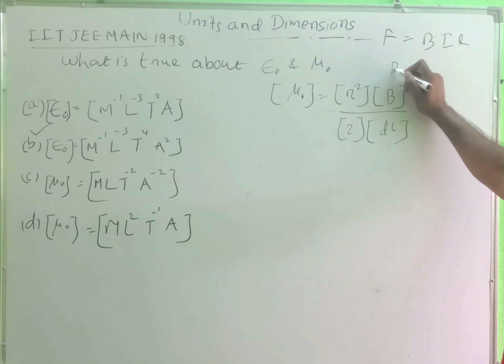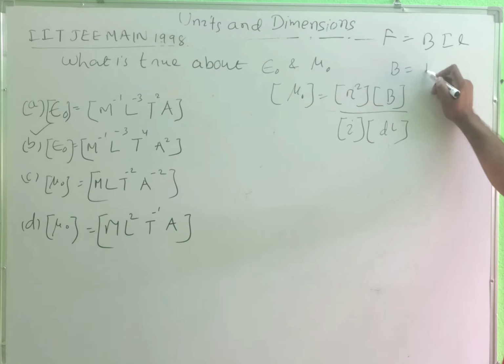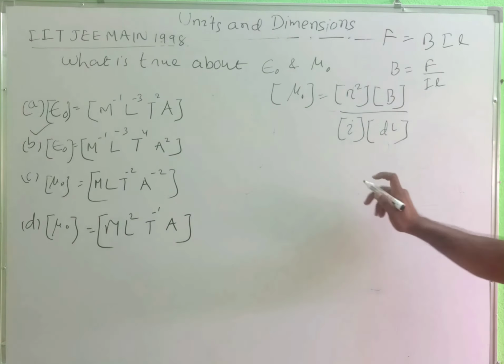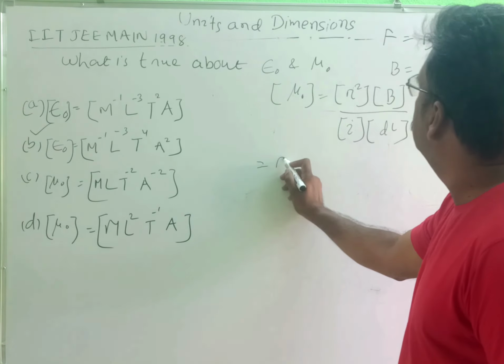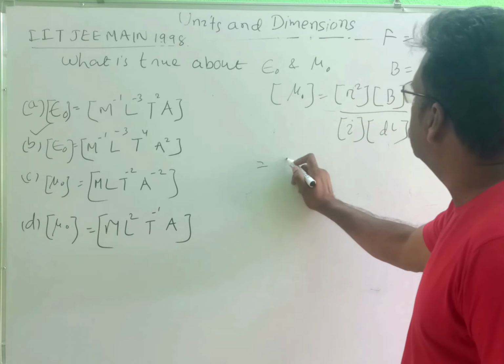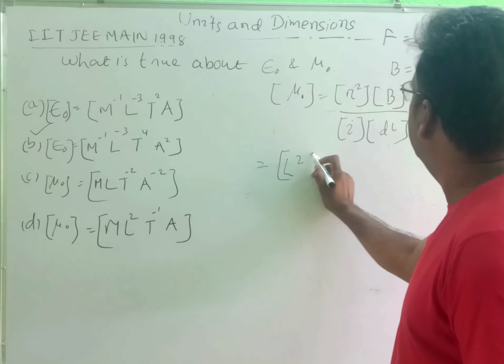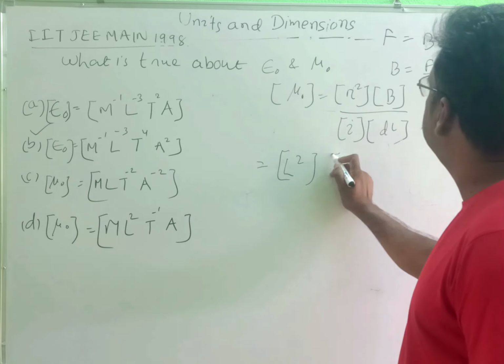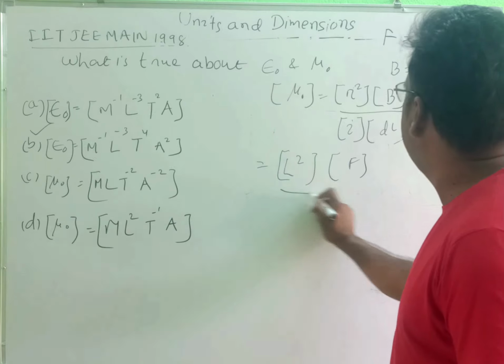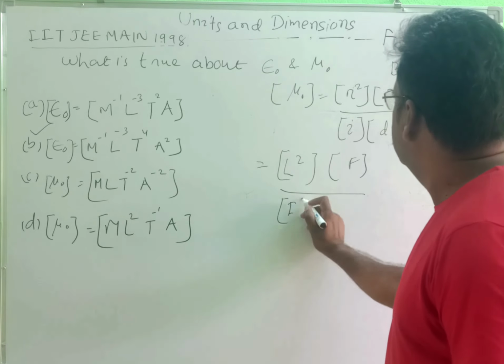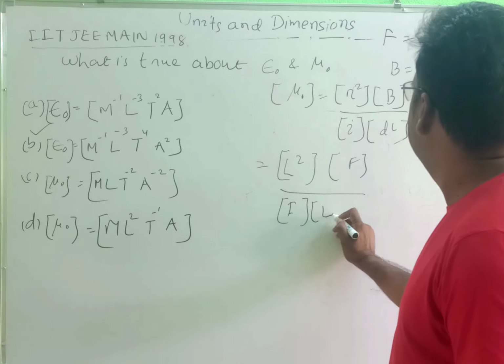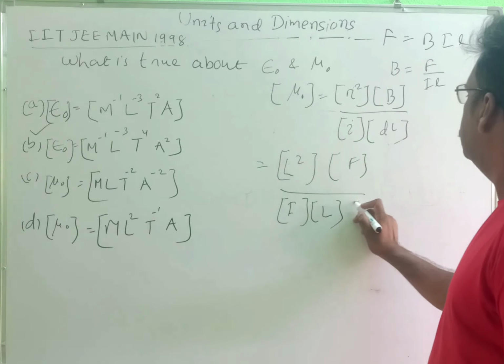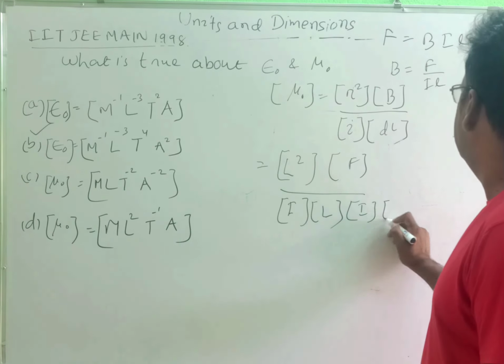From this formula, we obtain a formula for B, that is F by IL. We will put it here. Okay, student. Then this becomes R square is L square, and B, what is B? B is F by I L, and this was I and L.